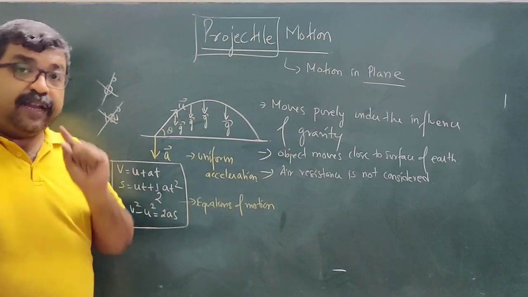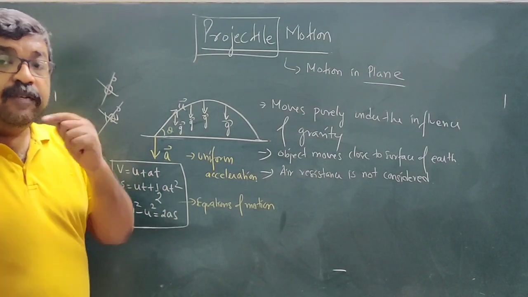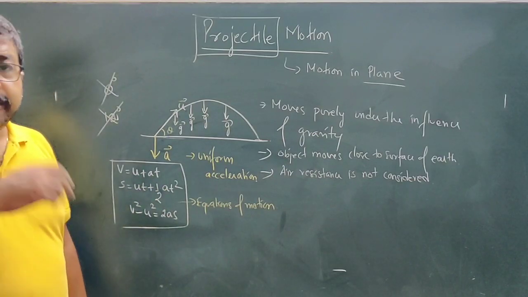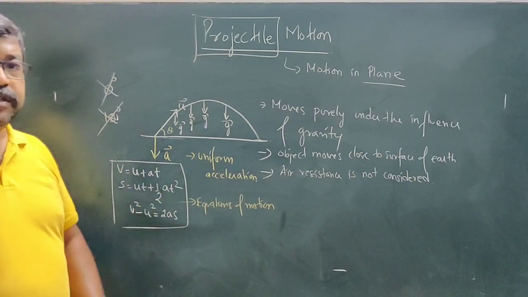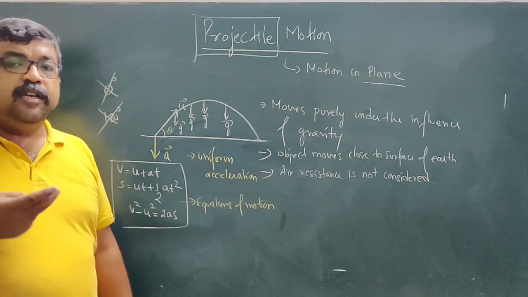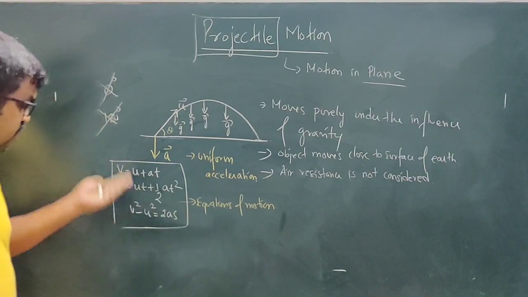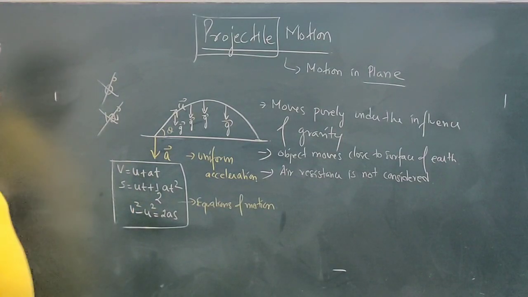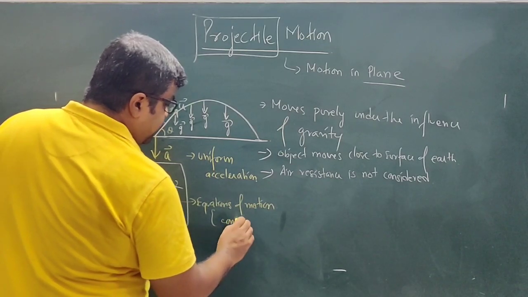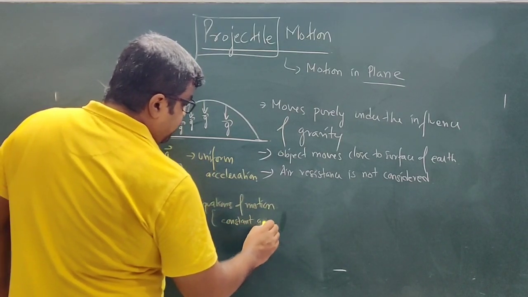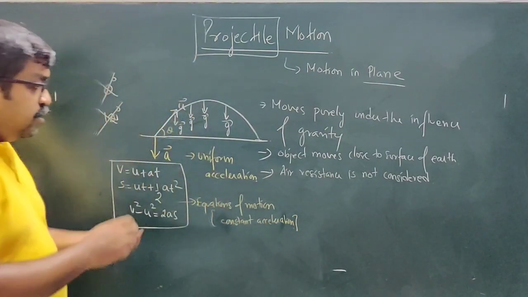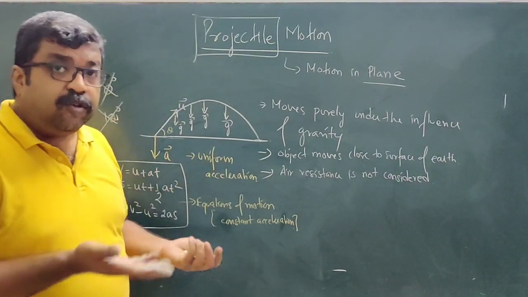These equations are valid only under the condition when acceleration is constant. This a must be a constant. If acceleration is not constant, you cannot use these equations. If your object is moving such that its acceleration is not constant, then you cannot study its motion using these equations. So equations of motion are valid for constant acceleration. Uniform acceleration means constant acceleration.